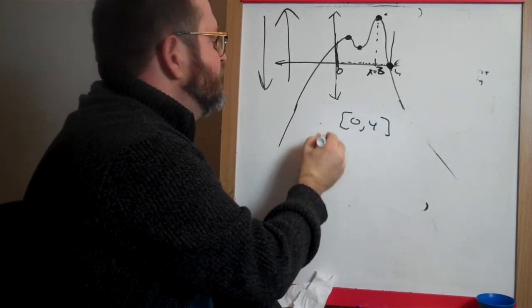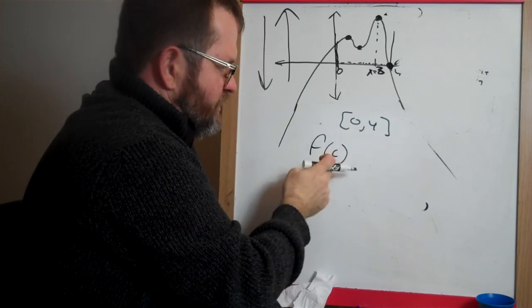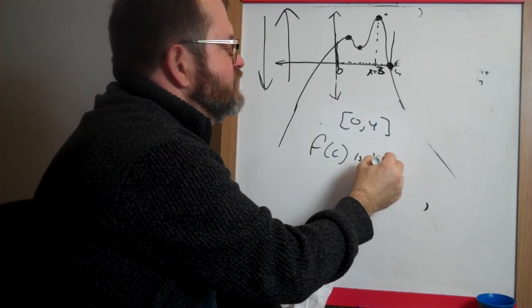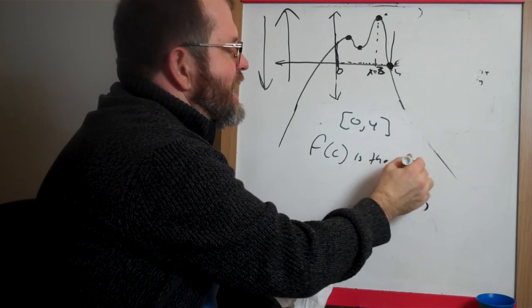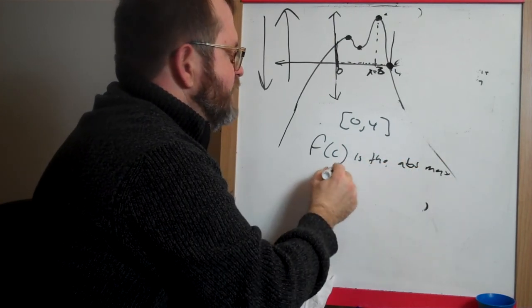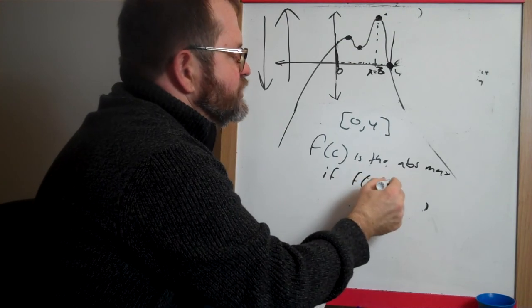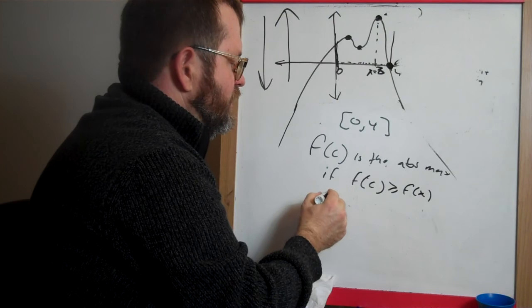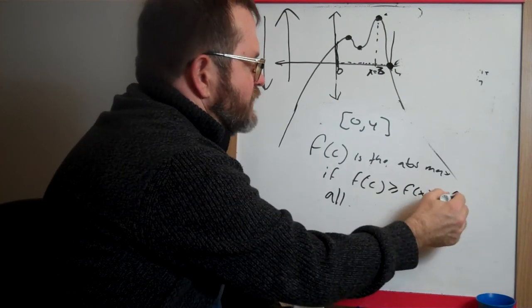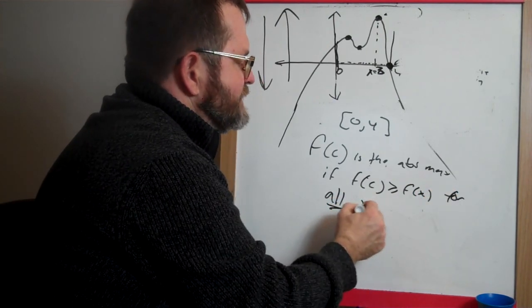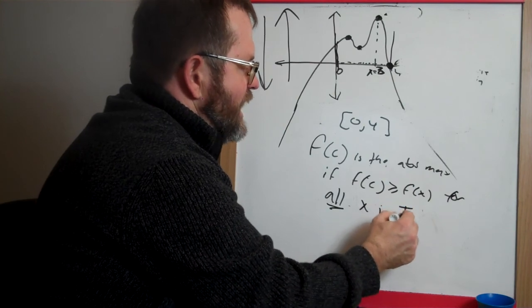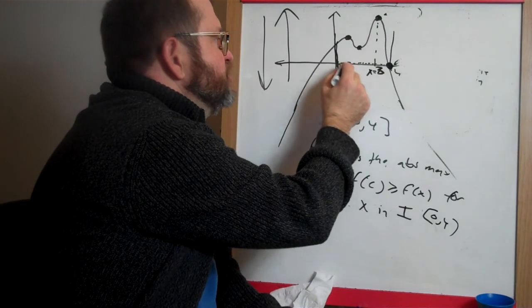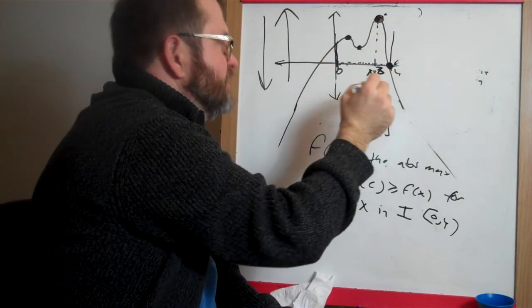And what we would say is that f of c, where c is along this x-axis here, is the absolute max if f of c is greater than or equal to f of x for all x in that interval I, or 0 to 4.